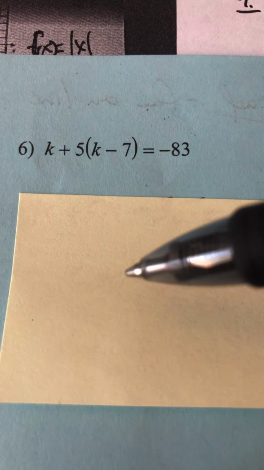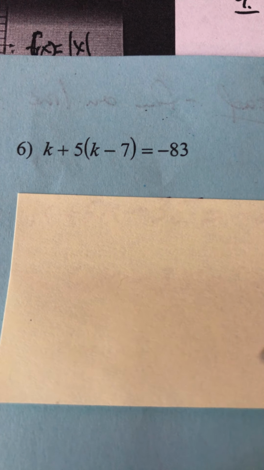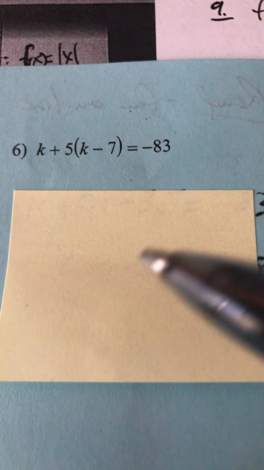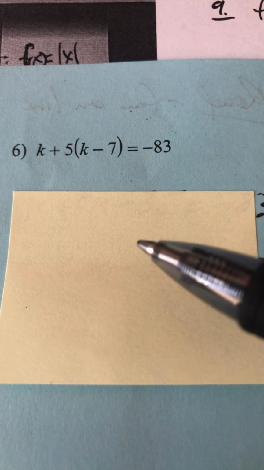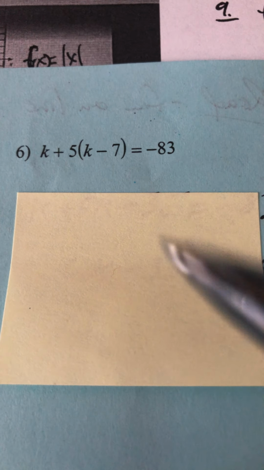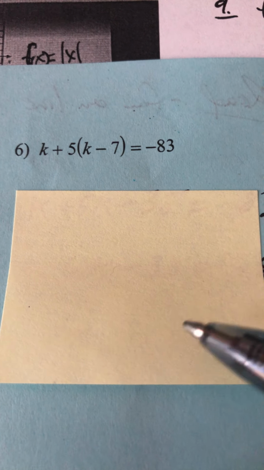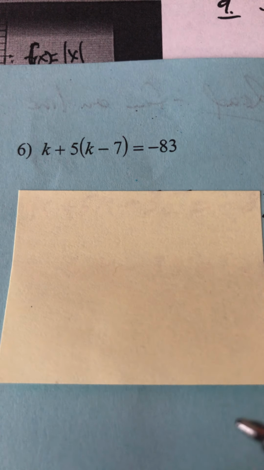Combine like terms. Put your k's together. And then you're going to end up adding something to both sides. And then you're going to divide something on both sides to get what k equals.